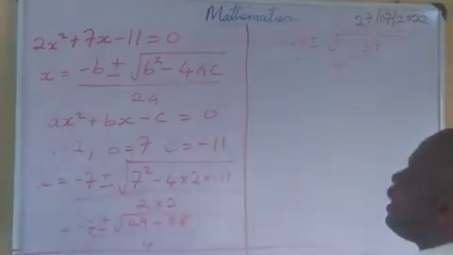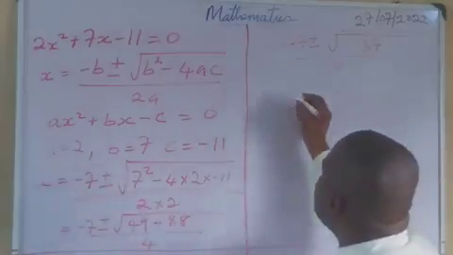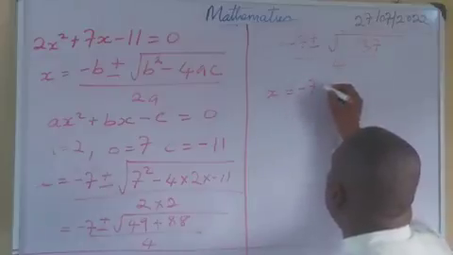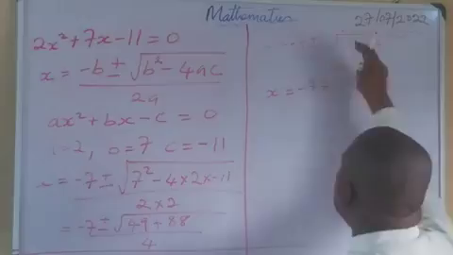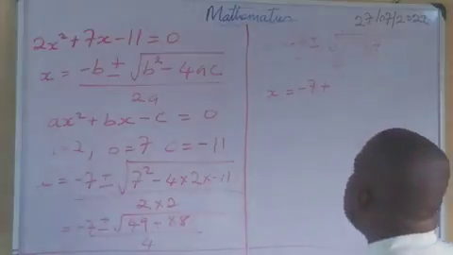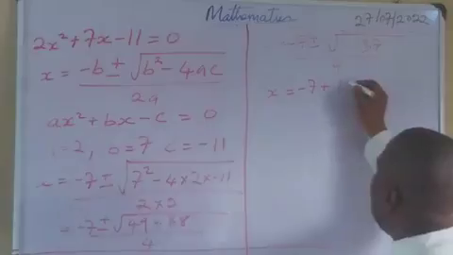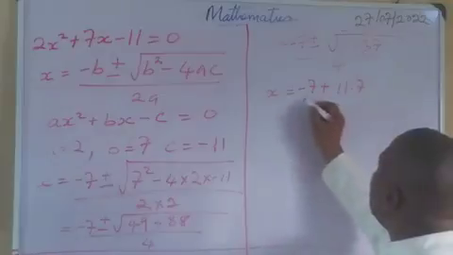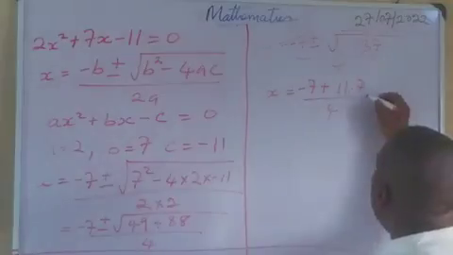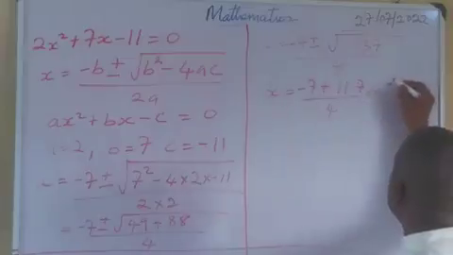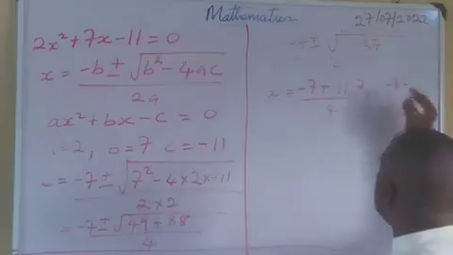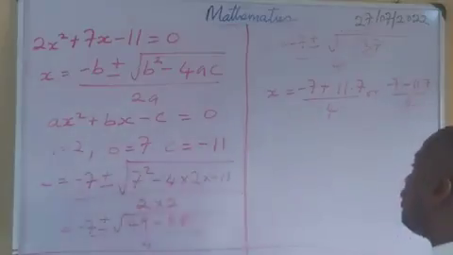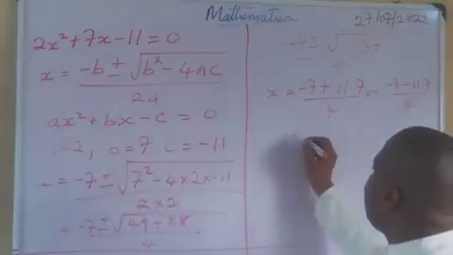So to get those two roots, x equals minus 7, we use plus first, plus the square root of 137, which will give us 11.7, all over 4. Or minus 7 minus 11.7, all over 4.